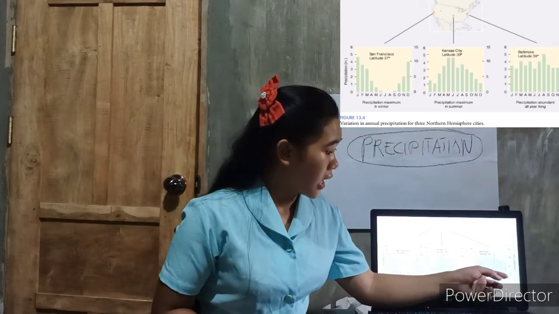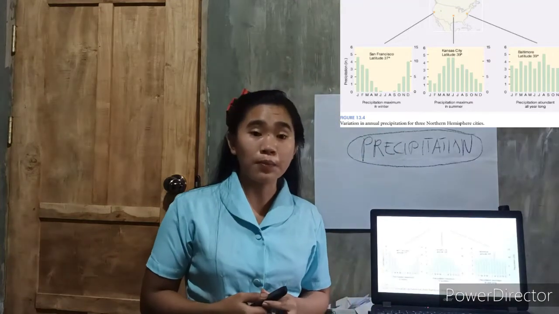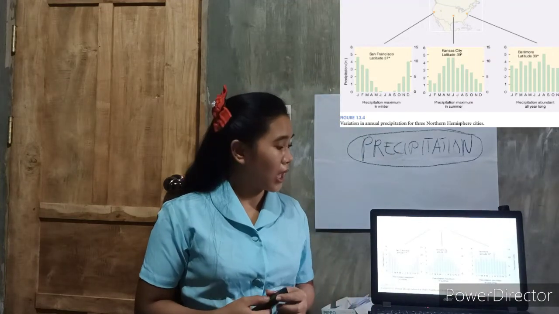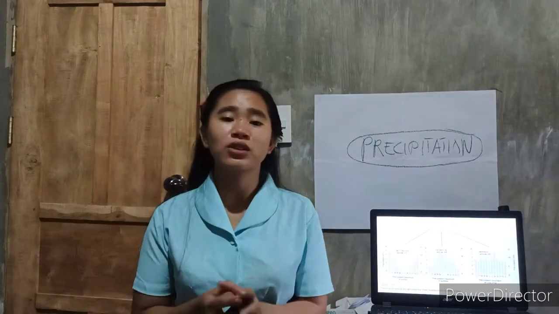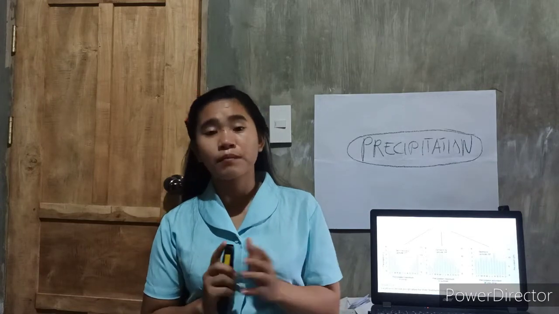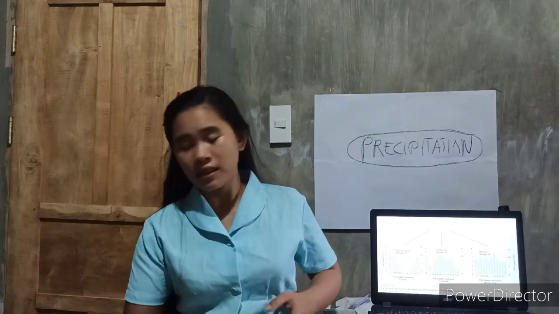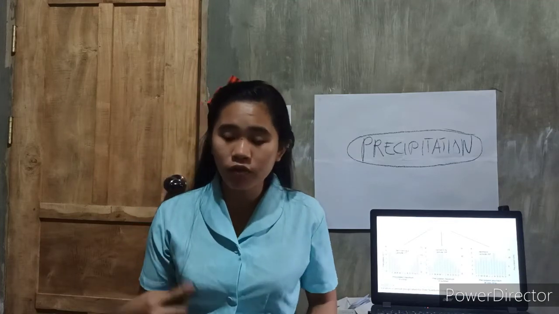The highest is during the month of April. So that is how the general circulation of the atmosphere affects the distribution of precipitation. Let us now move on to the next factor. What is it again, if you can remember?